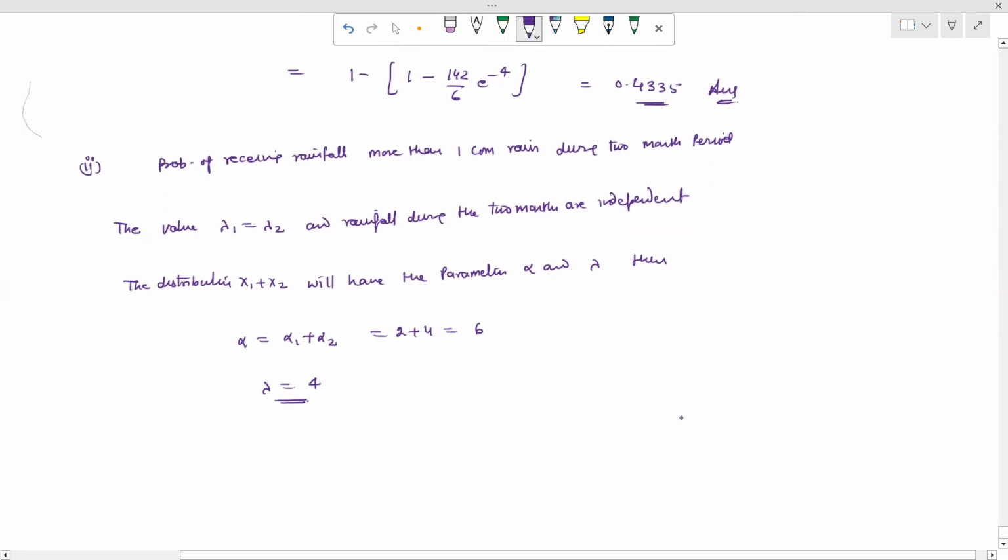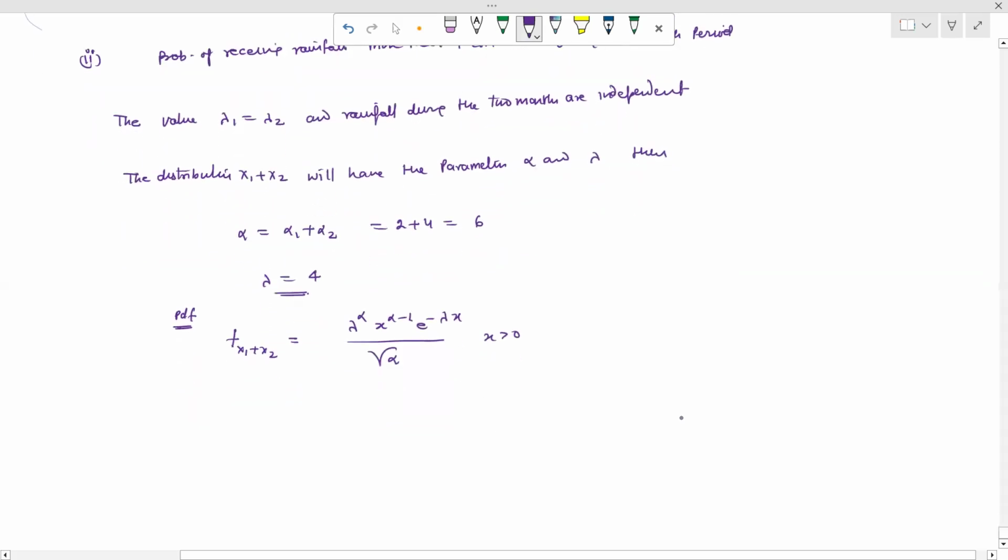So now we make the PDF. How to make the PDF? We take x1 plus x2, so we merge the PDF of both. So we write down as lambda raised to the power alpha, x raised to the power alpha minus 1, e raised to the power minus lambda x, upon gamma alpha. Here x greater than 0, and 0 otherwise.